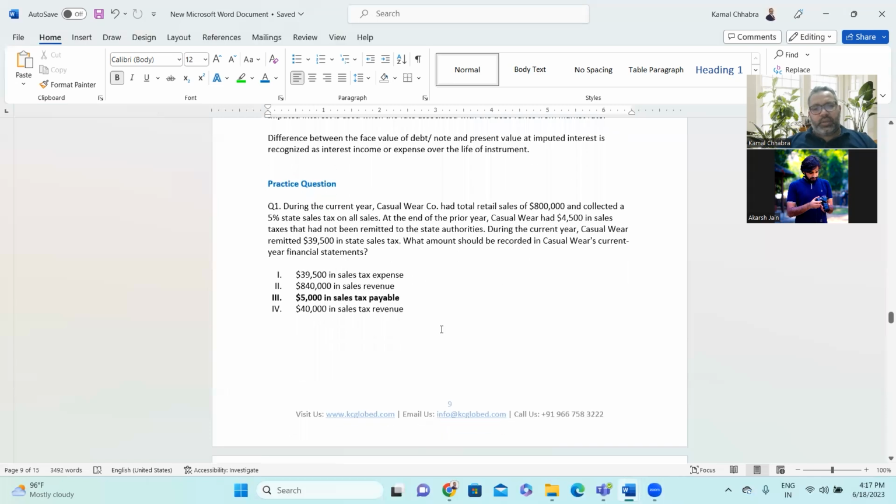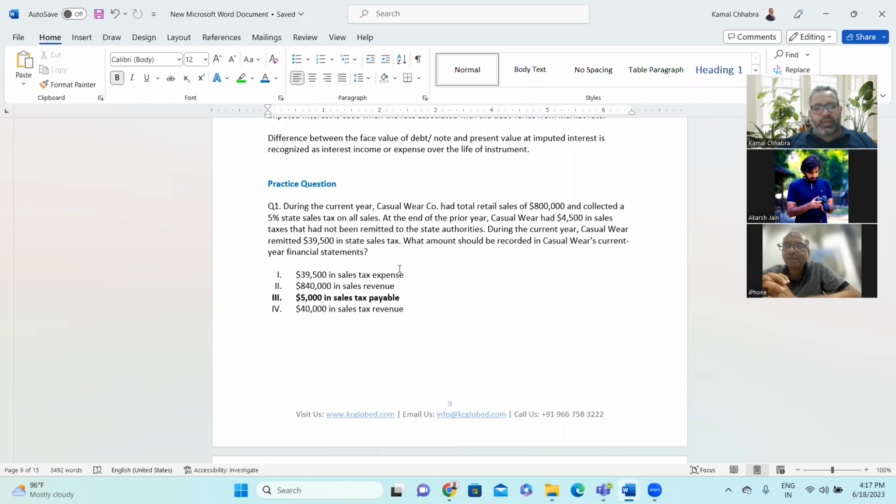During the current year, Casual Wear Company had total retail sales of 800,000 and collected a 5% state sales tax on the sales. At the end of the prior year, Casual Wear had $4,500 in sales taxes that had not been remitted to the state authority.